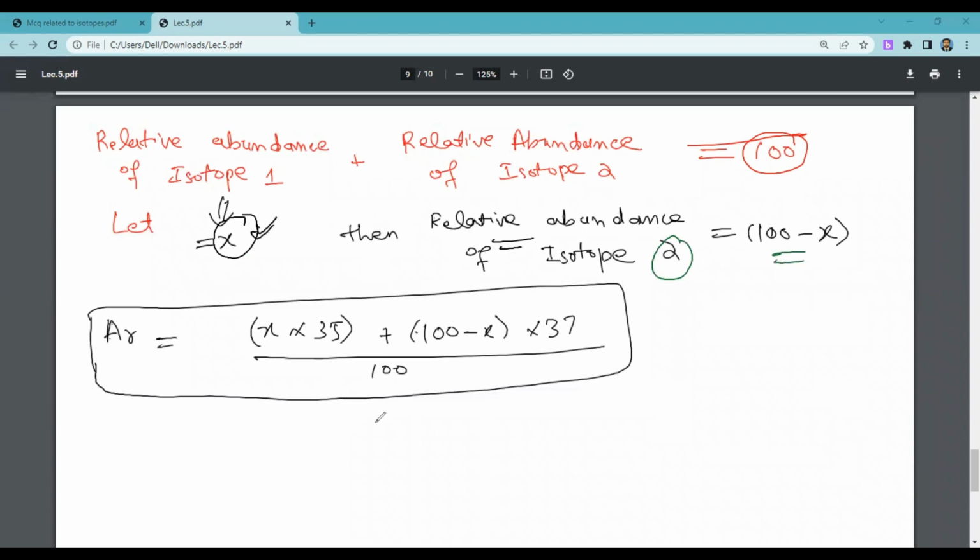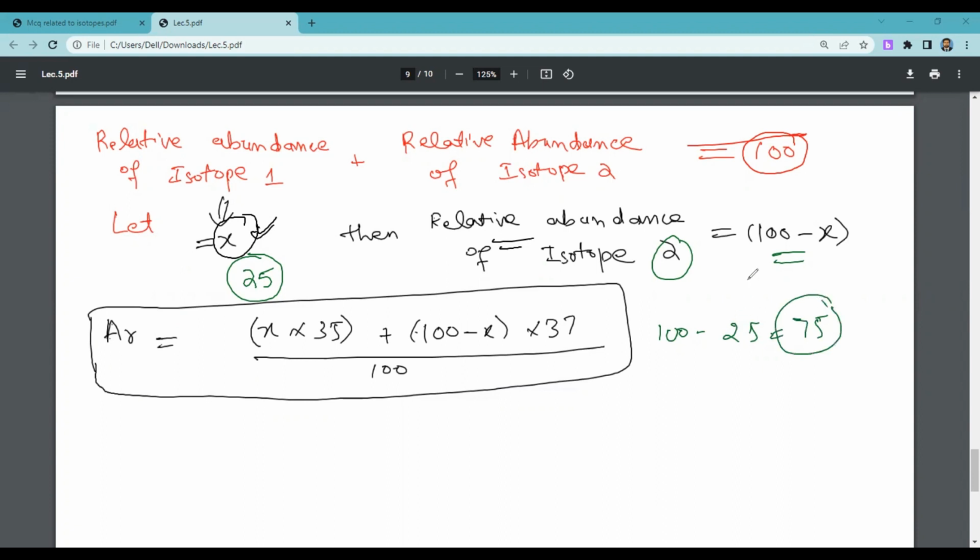For example, if I assume the value of x is 25, the relative abundance of the second isotope will be 100 minus 25, which is equal to 75. That is true.